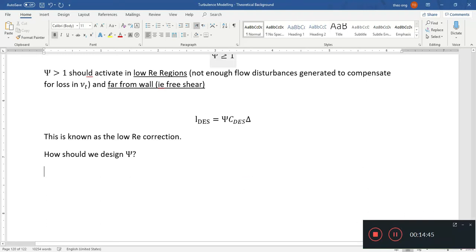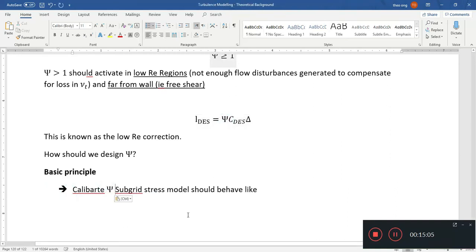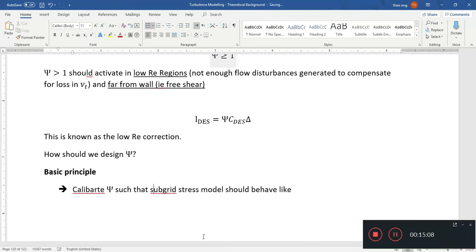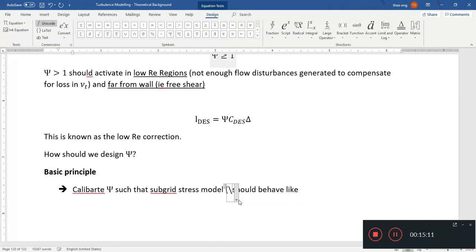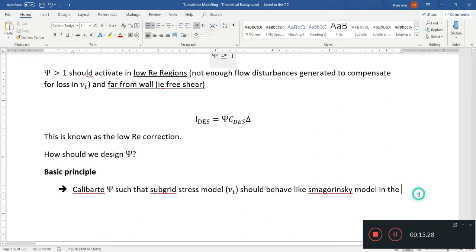The basic principle is this: we calibrate psi such that the subgrid stress model, the turbulent viscosity nu T, should behave like a Smagorinsky model in the free shear zone, even at low Reynolds number.